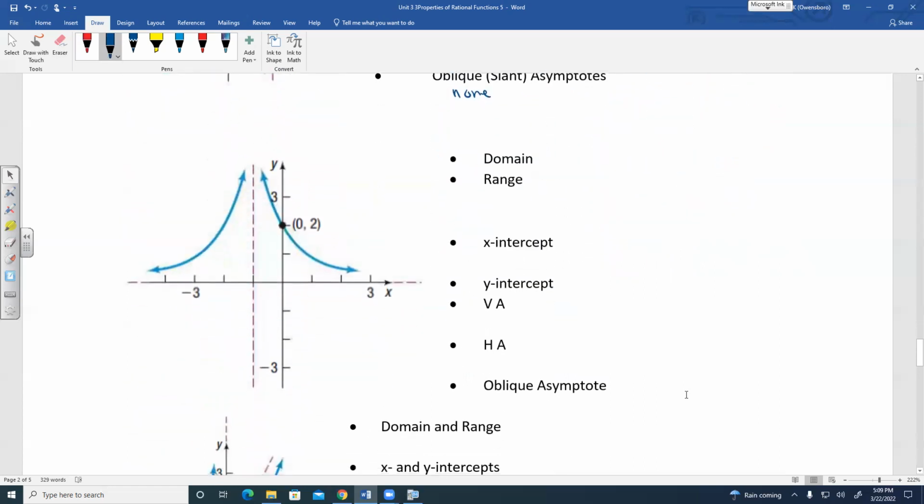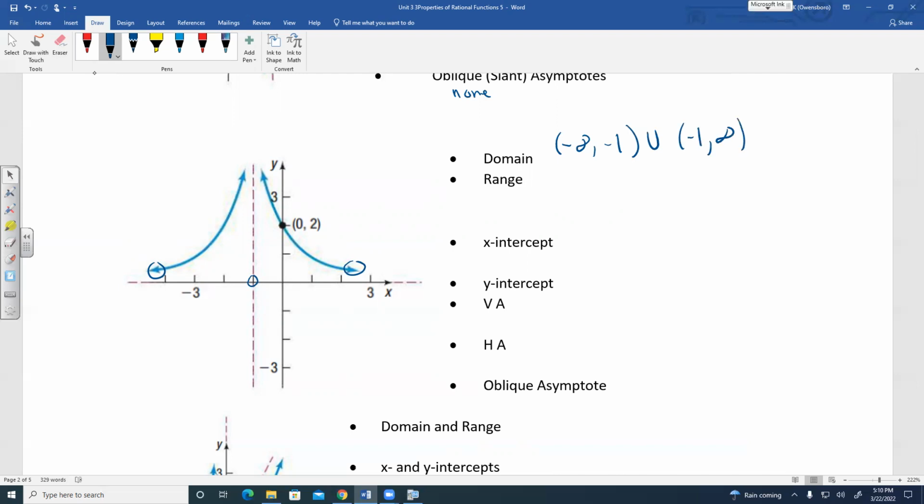If I look at this graph here, again, if we want to find the domain and range, for the domain we're looking from left to right. Notice how there's this arrow here, and this boundary line here, and then we have this other right arrow over here. So we have these two intervals. Using interval notation, you could say negative infinity to that boundary, which would be -1, in union with -1 to infinity.